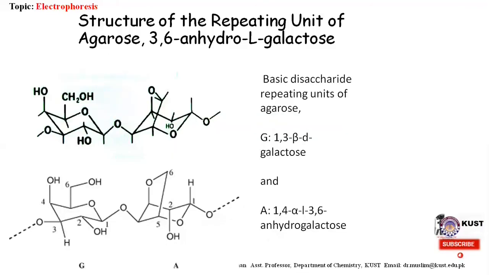This is the structure of the repeating unit of agarose, 3,6-anhydro-L-galactose. The basic disaccharide repeating unit of agarose is this one: this is 1,3 beta-D-galactose, and this is 1,4 alpha 3,6-anhydro-galactose.